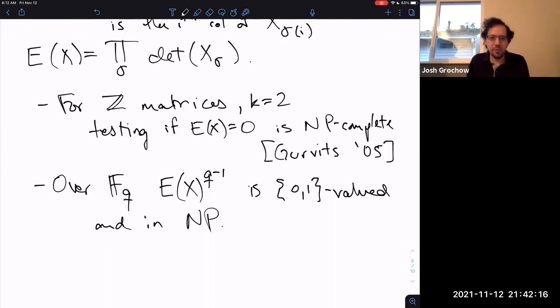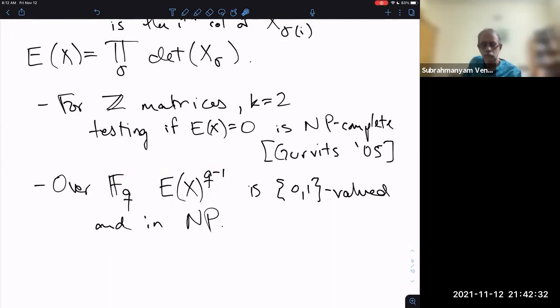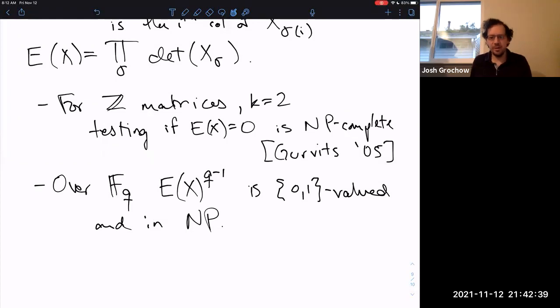Whereas for the permanent, we think that's not true. Even if you do this little trick, it still is much harder than NP, as hard as the polynomial hierarchy. So E of X itself is not exactly in VNP just because its degree is too large, but evaluating it seems to be in P.